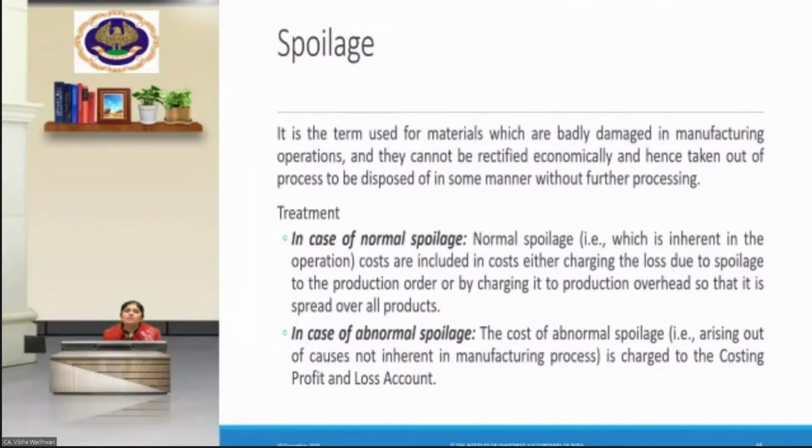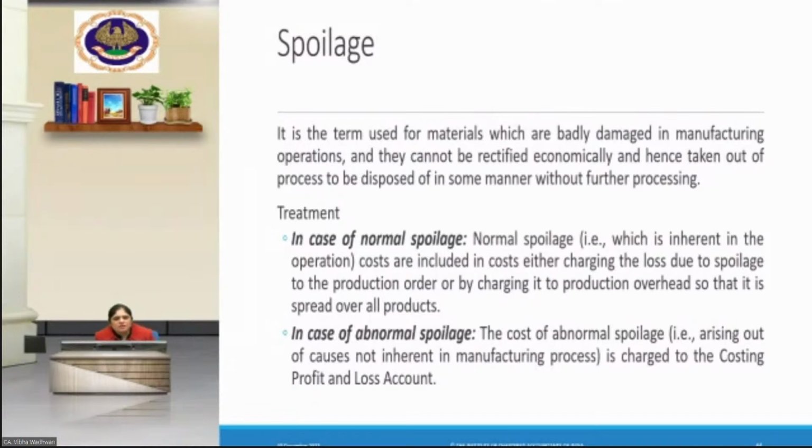The finished goods do not match the quality standards, and those goods are so spoiled, so damaged, that we cannot even rectify them, and they have to be sold as seconds or sold outright. The finished output is so substandard that we cannot make it better even by additional cost.